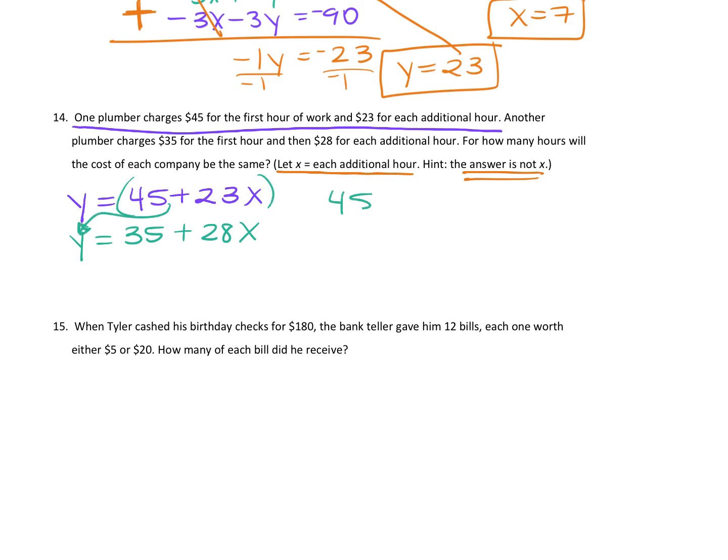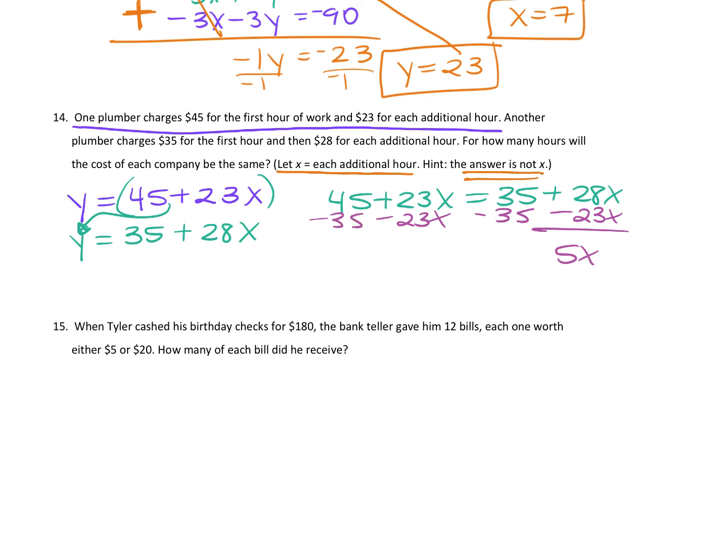So we're going to say 45 plus 23x equals 35 plus 28x. So if we solve that, take away 23x, you get 5x. Take away 35, you get 10. So if 5x equals 10, divide by 5, that means x is 2. Okay, now the question was, for how many hours will the cost of each company be the same?